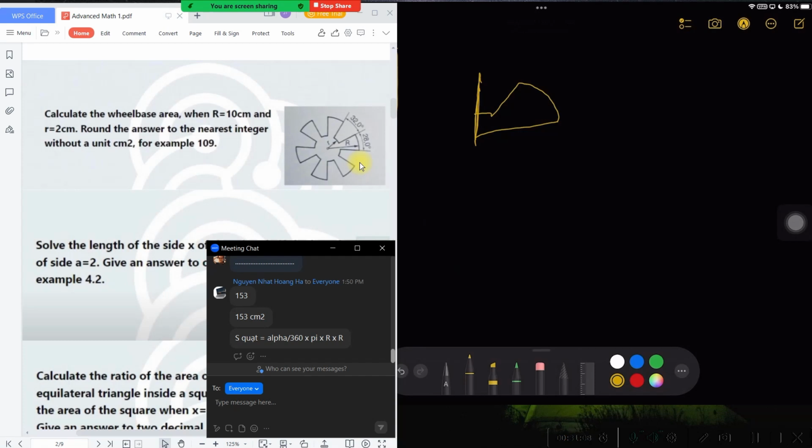So this one is like 60 degree in total. This one it's like 10. This one it's 2.